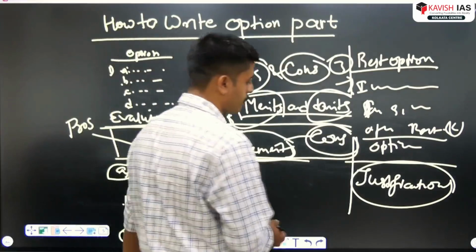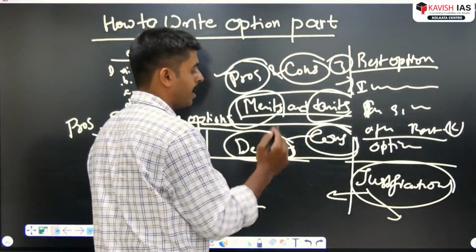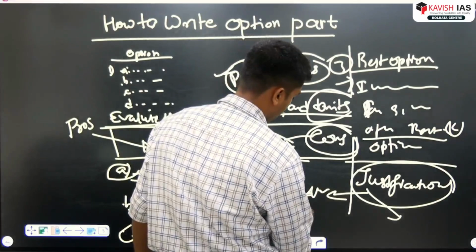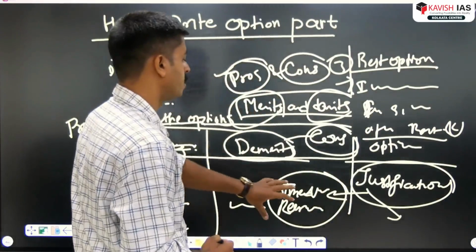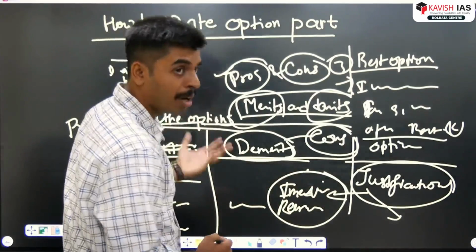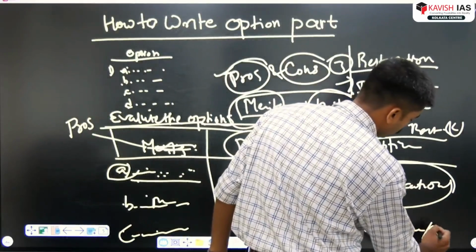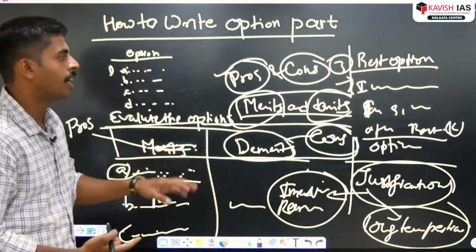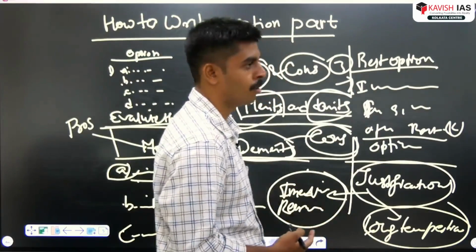So do give a justification, and in the justification also try to keep two things in mind. There must be an immediate reason for it, that is, why this was chosen, that it might fulfill some immediate situations or demands, and at the same time the long-term perspective is also fulfilled, that in the long run choosing this option is the best course, because in the long run it is going to solve the problem also, right?